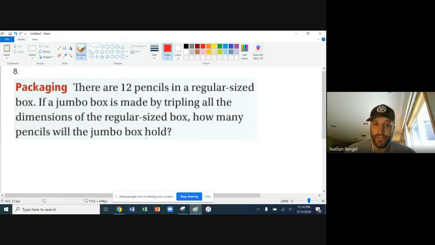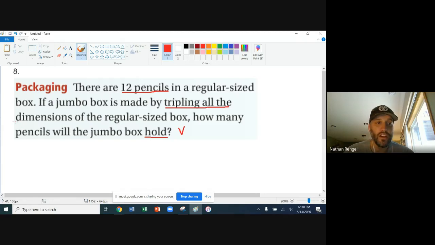Now there are some inferences we have to make. So we're talking about how much something holds. And we can hold 12 pencils currently. So you're talking about how much something holds inside of it. We are talking about the volume. So when we're looking at this one, we are looking at the volume. The second thing is we are tripling all the dimensions.